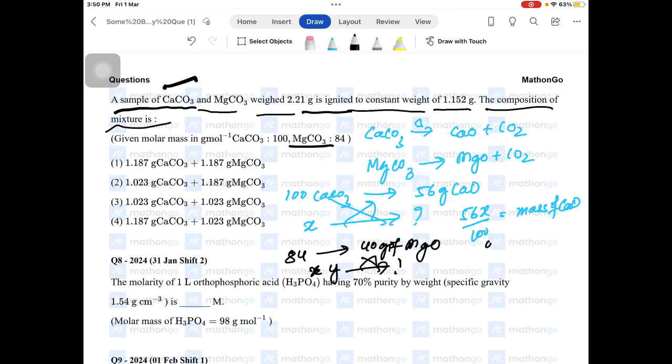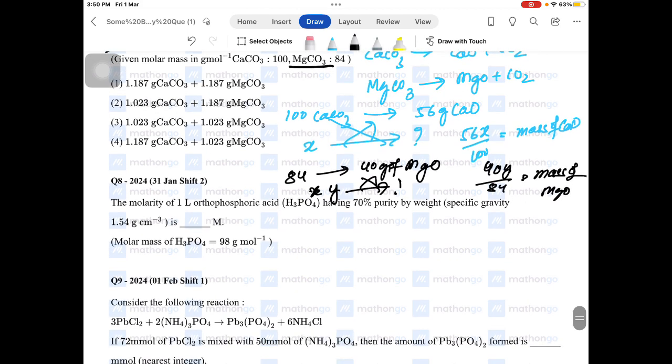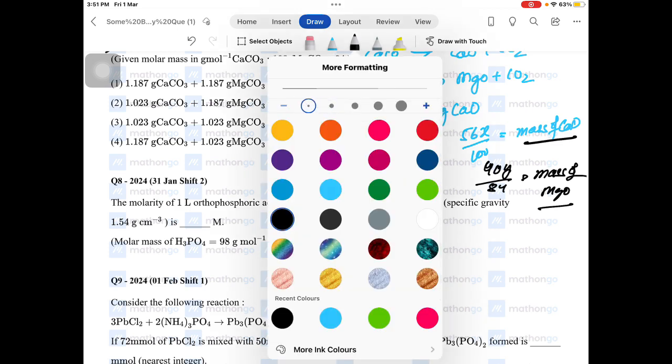So 40y by 84, that is the mass of magnesium oxide. Understood? So now the mass of magnesium oxide and the mass of calcium oxide are directly proportional to the mass of calcium carbonate and magnesium carbonate.